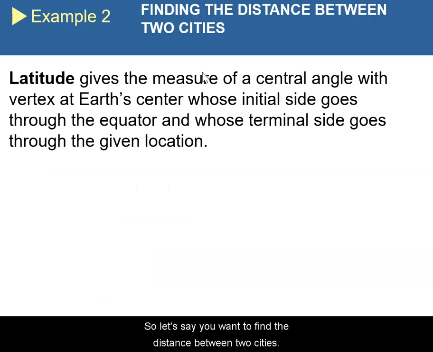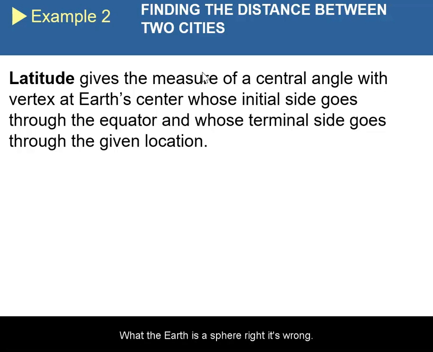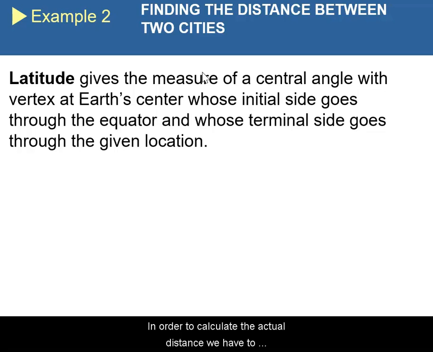Right? So let's say we want to find the distance between 2 cities. Okay, so for us, we generally think of distance between 2 places on Earth as a flat straight line, right? But the Earth is a sphere, right? It's round. So in order to calculate the actual distance, we have to use an arc length, okay? And so that's when we talk about latitude and longitude, right?